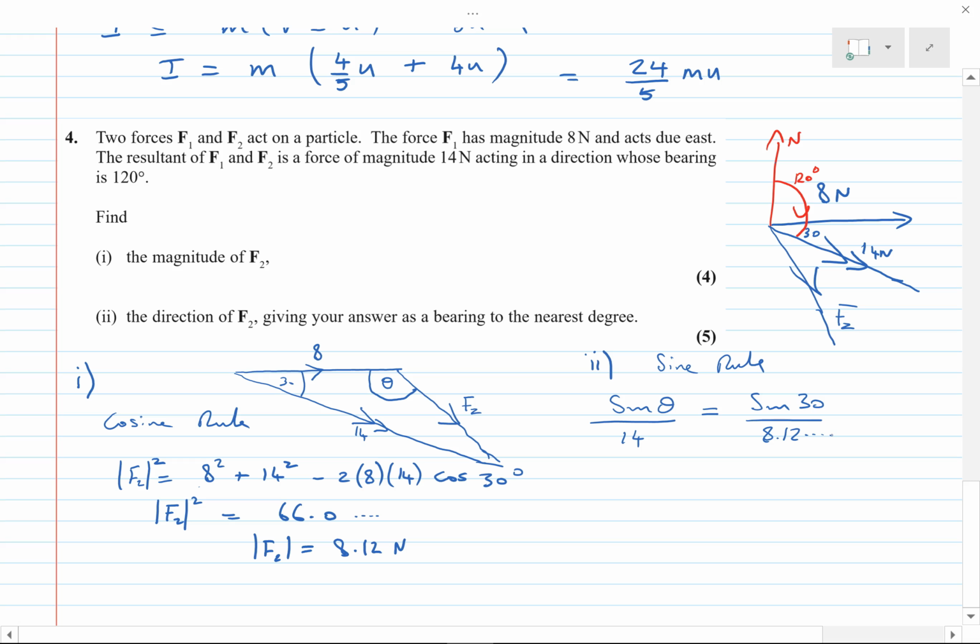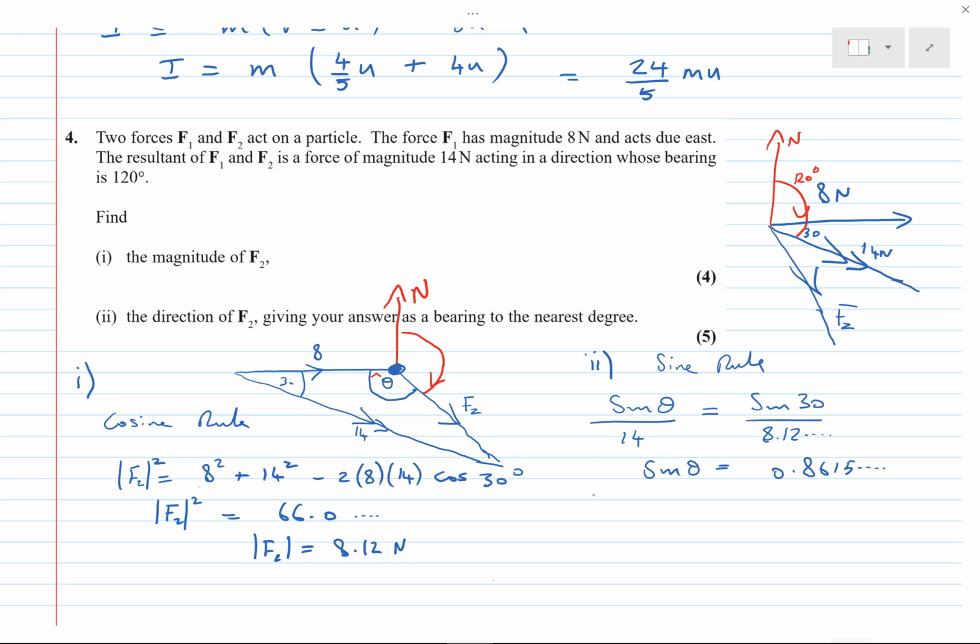Okay, so when I work out sine theta, I get 0.86615. When we inverse sine that, the principal value is 59.5 approximately.